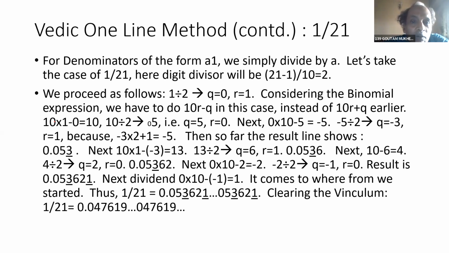It becomes like a vinculum, as if your quotient is a vinculum, because of that minus factor in the binomial expansion. So 10 into 1 minus 0 is 10. I do not find much difference. Here also 5 is there. So 10 divided by 2 again, we got 5 and remainder 0.